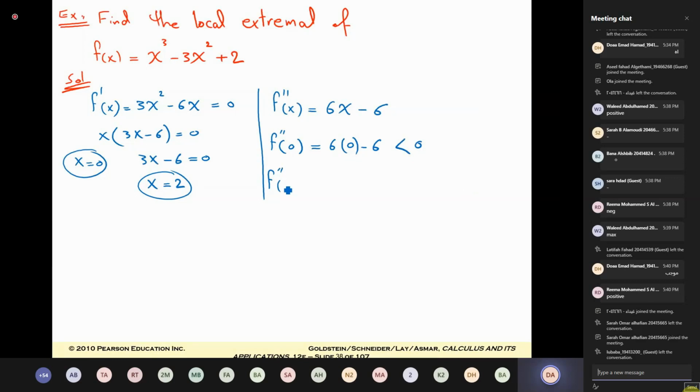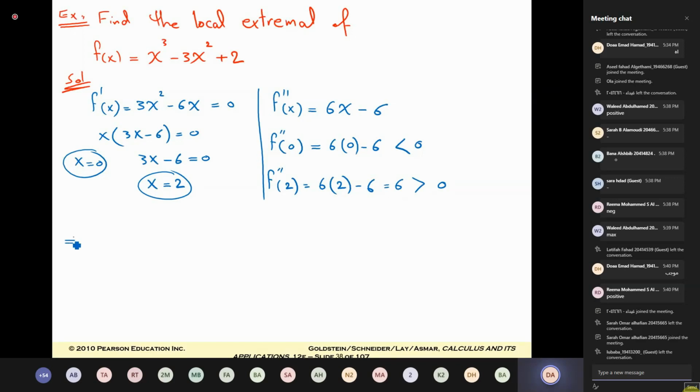Substitute the second critical value. We have 6 multiplied by 2 minus 6, this equal 6, so positive, yes.